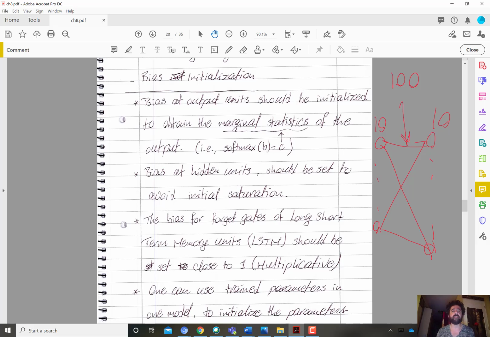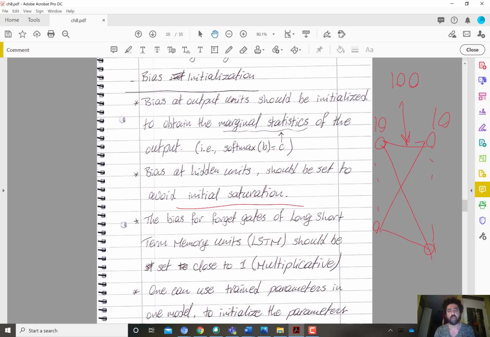Now for the hidden units, the bias parameters should be initialized to avoid initial saturation. Basically to enable learning to be activated in the first few iterations for as many of these units as possible.